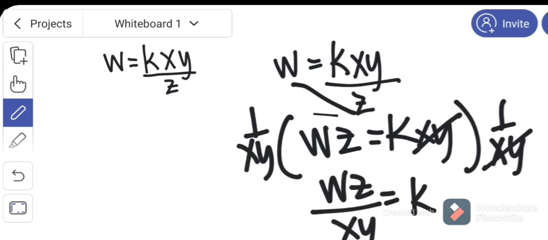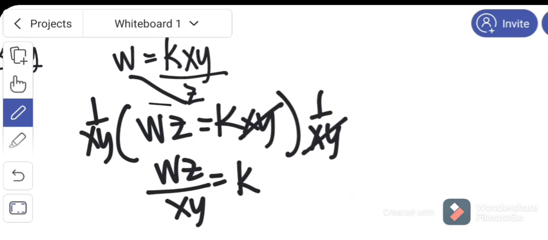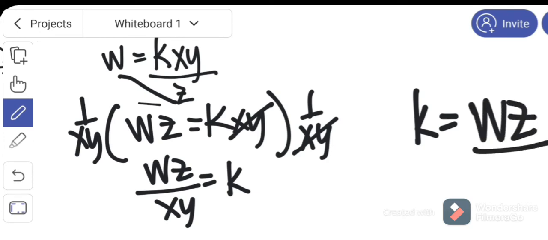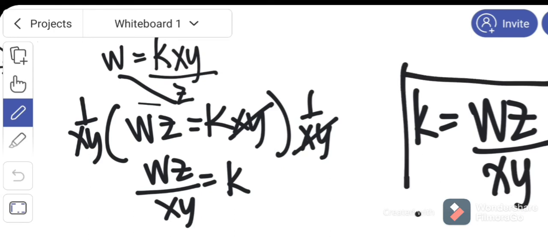This will be our formula for the constant of variation. That is the same when we rewrite it as k is equal to wz over xy. This will help us solve for the value of the constant of variation.